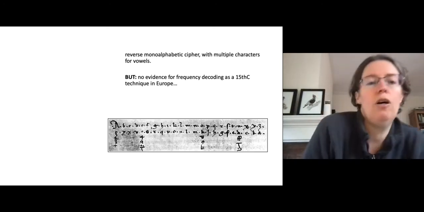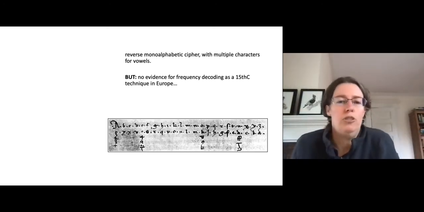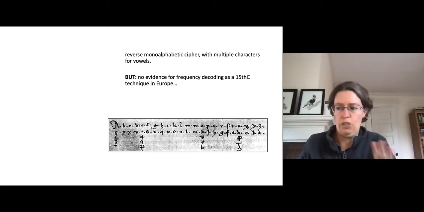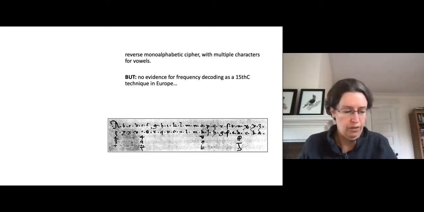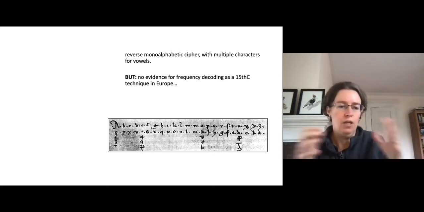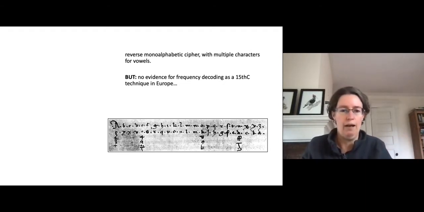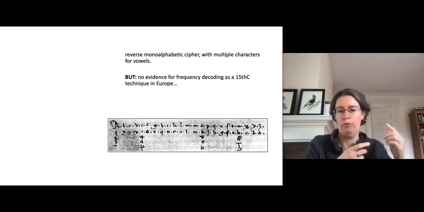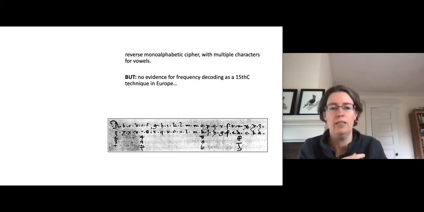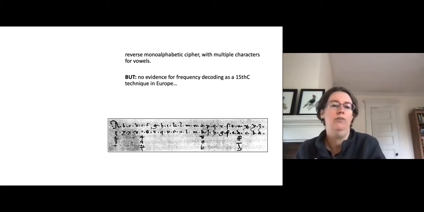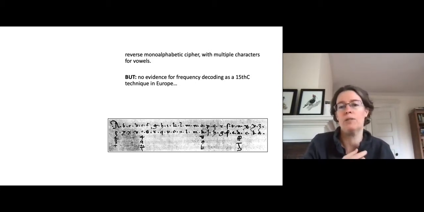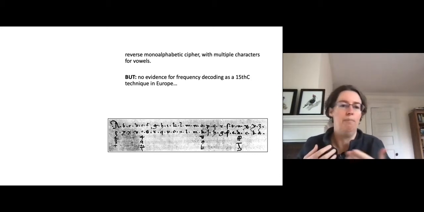We do have evidence of ciphers that are more complex than substitution ciphers in the relevant time period in the relevant general area. So for instance, we have de Lavin's 1379 compilation of government ciphers from Mantua, if I remember right, and they include a number of ciphers that have multiple characters for the most frequent letters. They also use null characters and various other things which make frequency decoding more difficult or impossible.